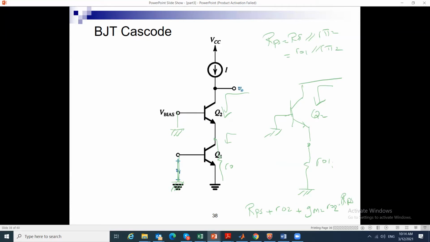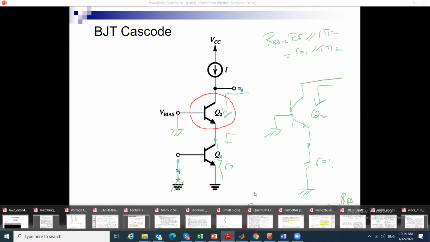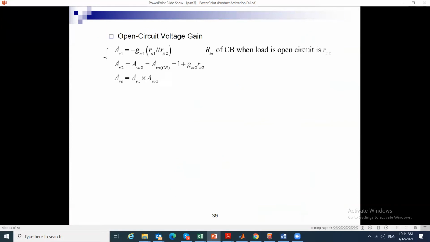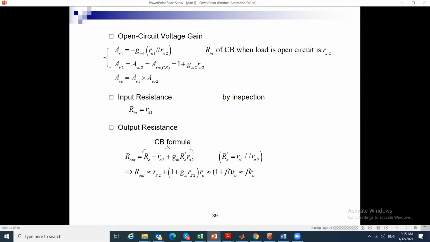In a similar fashion to the way you saw in the MOSFET case, for the closer transistor I use its gm, its ro, and its r pi. Let's go to the next slide and see the output resistance.